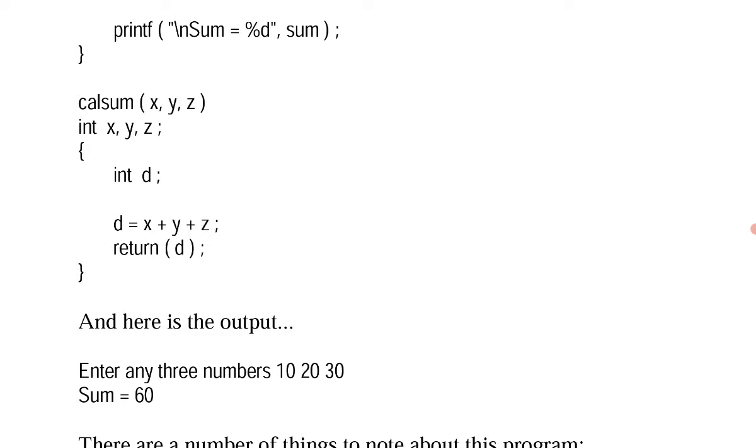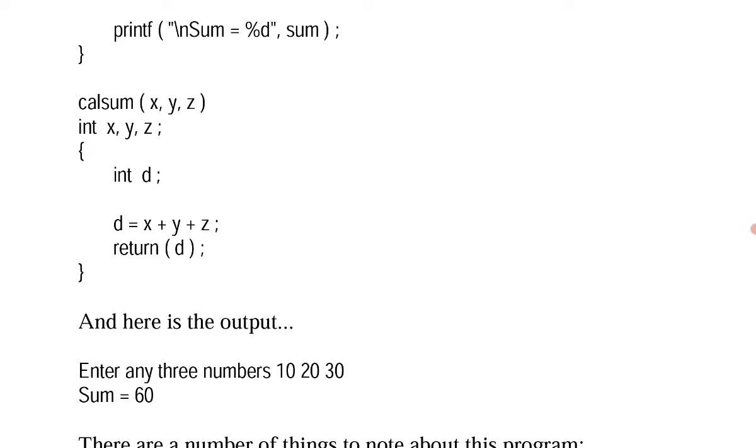Calling a function means we simply use the function name, and call the function with any parameters or arguments if it has any. That is called calling a function.